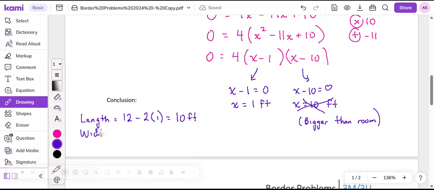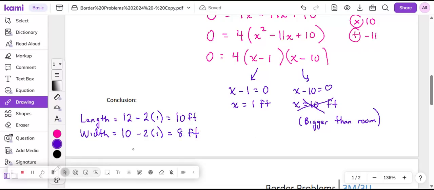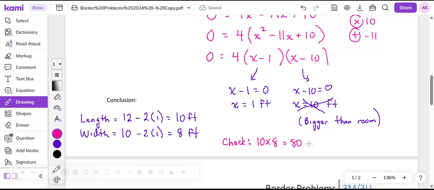And then for the width, 10 feet minus that 1-foot border on each side. 10 minus 2 is 8. And then lastly, 10 times 8 gives you 80, right? This rug does have an area of 80 feet squared. It fits the bill. That's the rug I need to get for my wife.